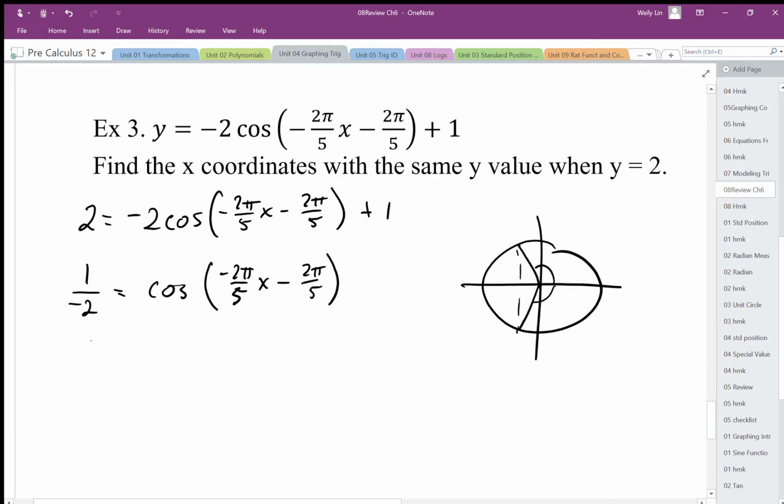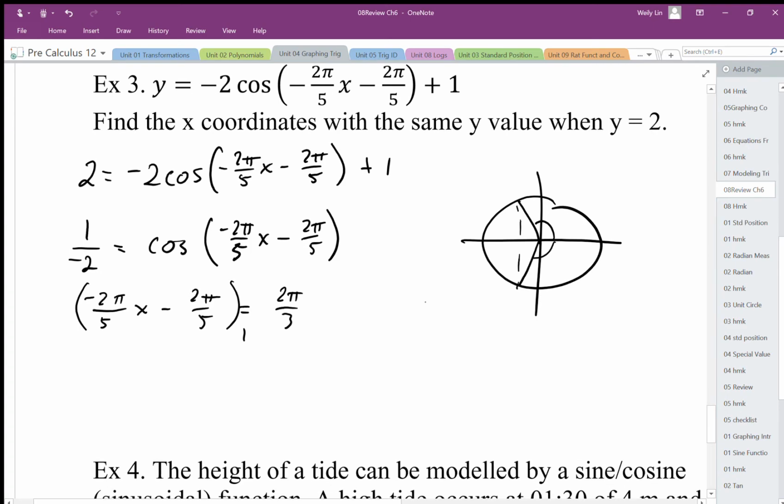Okay, so the angle -2 pi over 5x minus 2 pi over 5 is going to be equal to 2 pi over 3, so that's theta 1, and then theta 2. I'm going to make a little space for theta 2 here.